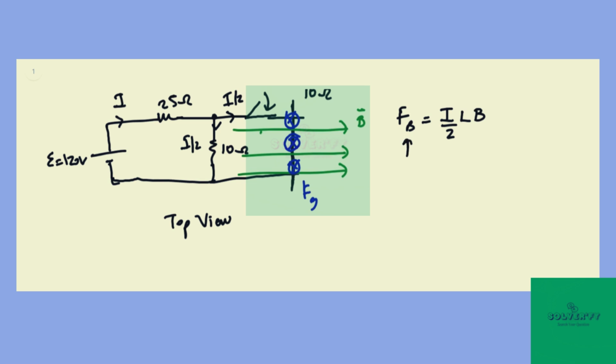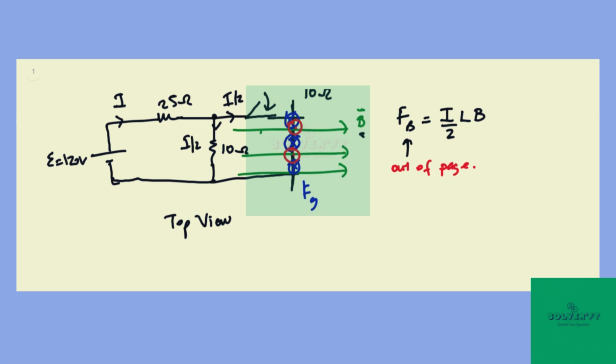Let's look at the direction of F sub B. Align your thumb with the direction of the current, which is down this way, and then rest your fingers along the magnetic field. Curl your fingers 90 degrees. When you do that, you're going to see the direction of F sub B is actually out of the screen, out of the page.